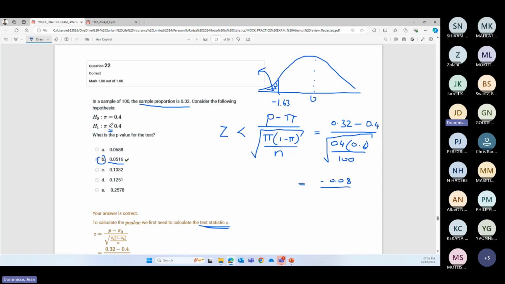If it was not equal to, it would have been multiplied by 2. So this would have been your two-tail answer if there was a two-tail, but we know that this is a one-tail because it's one directional, so that is why it is option B and not option C.